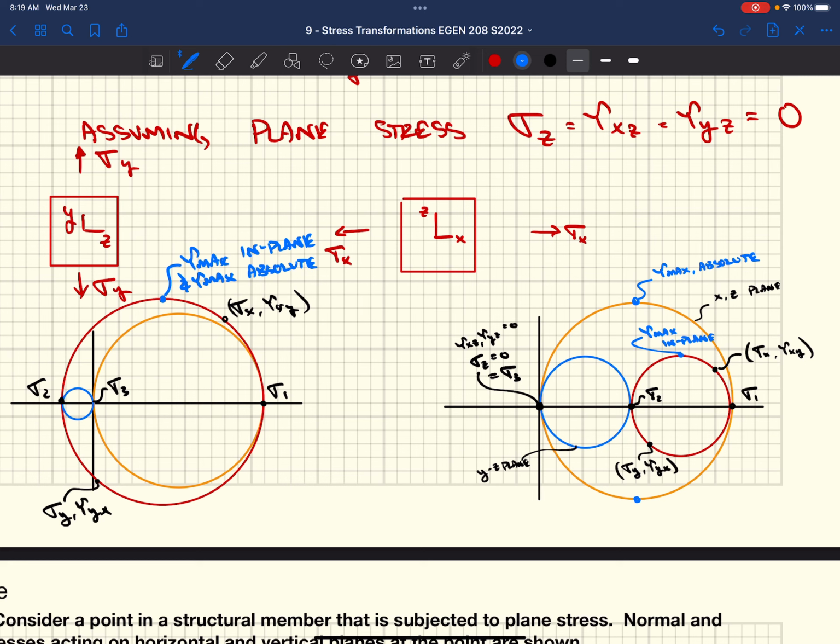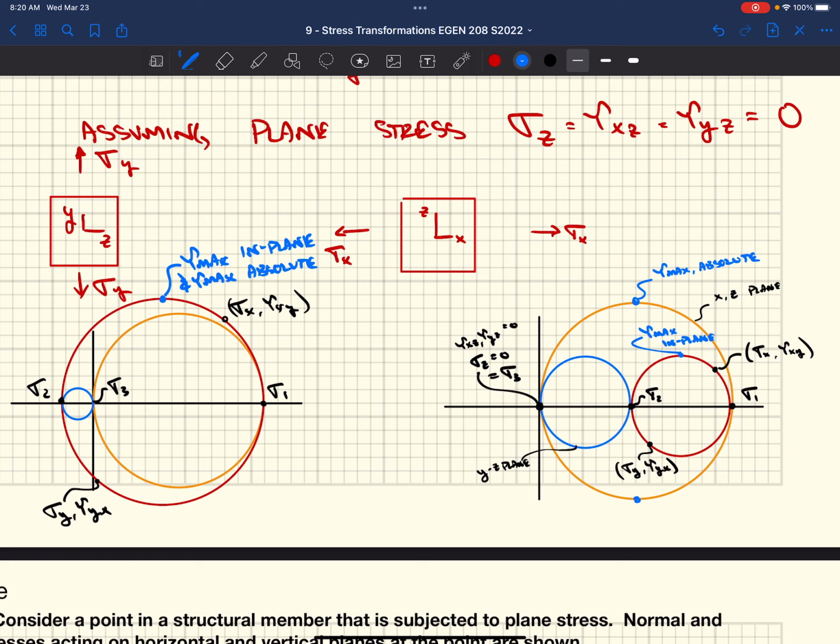Yep, then that would mean that sigma 2 is 0 and sigma 3 is 0, and this blue circle would now have a radius of 0. So then there's only one circle. Yep. And again, you'd have this case where your maximum in-plane is the maximum absolute. No, that's a good option.